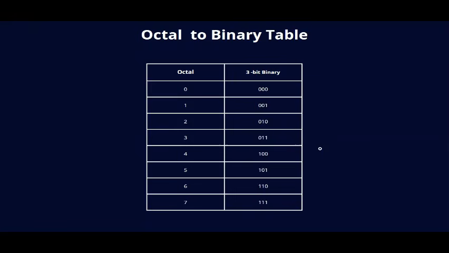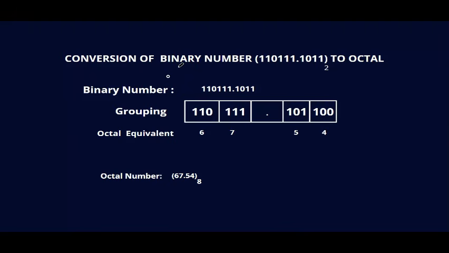And then each of these groups is replaced by the corresponding octal number as shown in this table. Consider the binary number 110111.1011. You shall see the conversion of this number to octal.